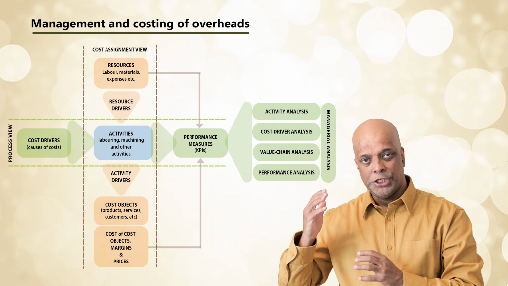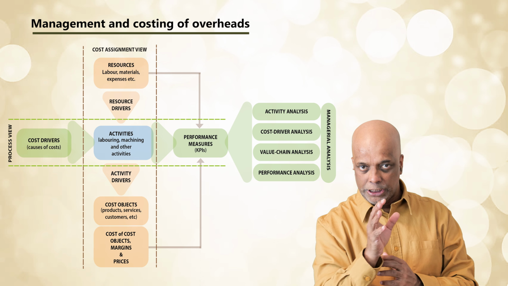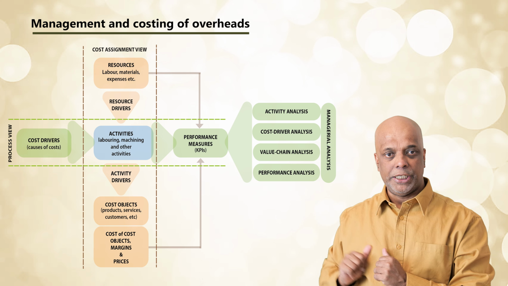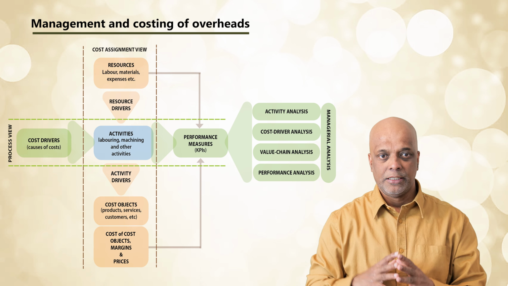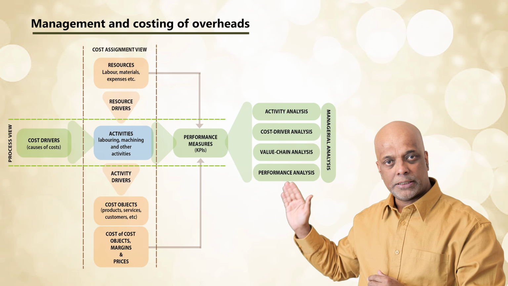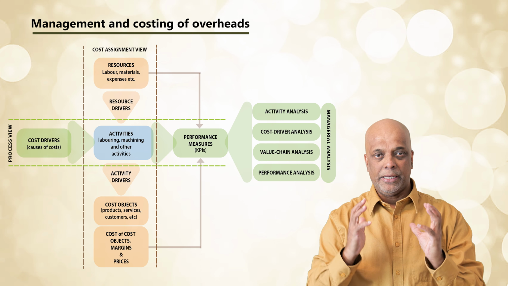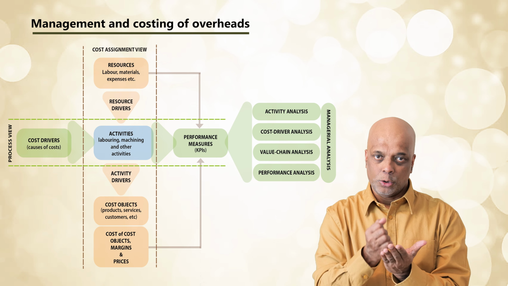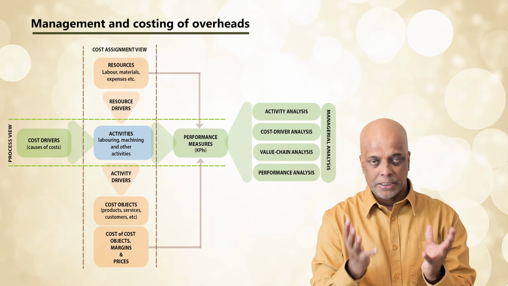And finally, in order to set those key performance indicators for each activity or activity type, we have to carry out various kinds of managerial analysis. These include, for example, activity analysis, cost driver analysis, value chain analysis, and performance analysis. So this diagram summarizes the manner in which overhead is reconceptualized through activity-based costing and activity-based management.